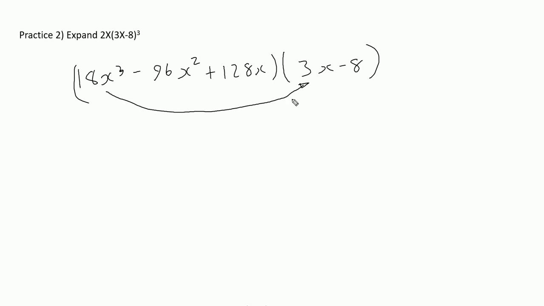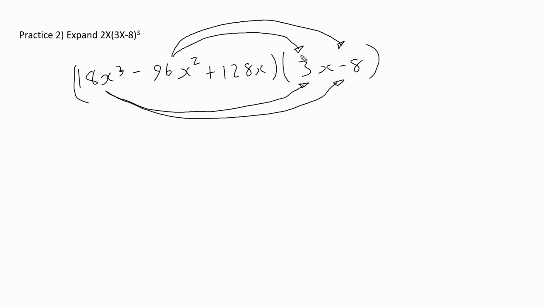So you do that term multiplied by that term, first multiplied by first, first multiplied by last, and then the extra term, which is this middle term, you simply do the middle term times this first term, middle term times this last term, and then you do this last term times this first term, and this last term times this last term.